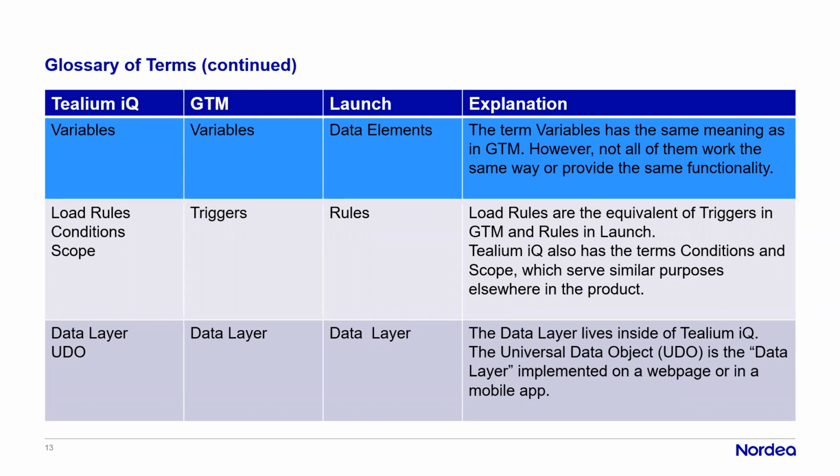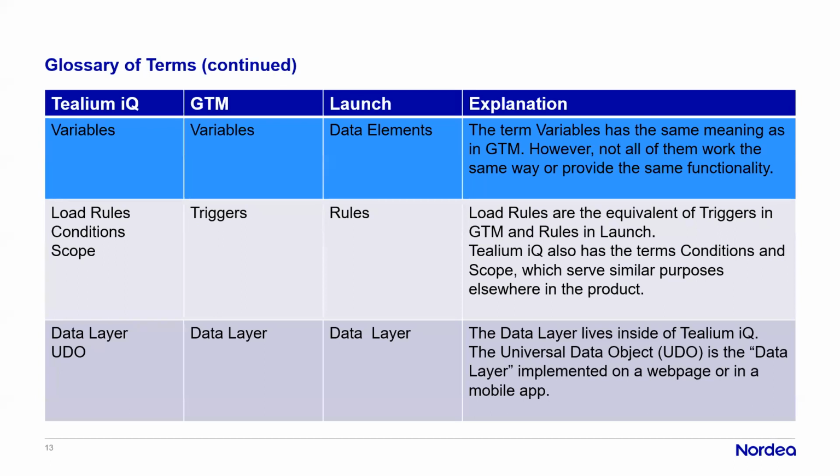But variables inside of Tealium don't work exactly the same as in other TMSs. But I guess that goes for all the TMSs out there, that they have their own special ways of doing some of the things, at least. But mainly it is the same. A little bit more about that later as well.